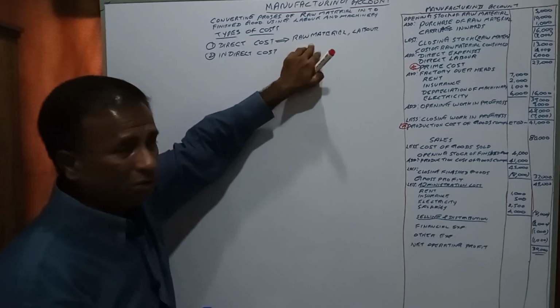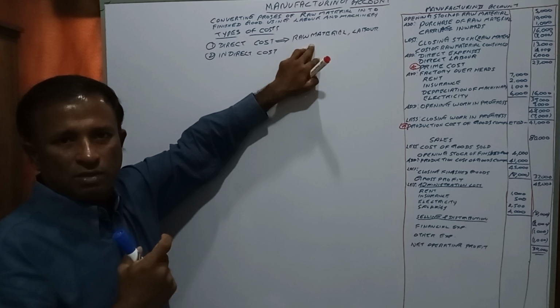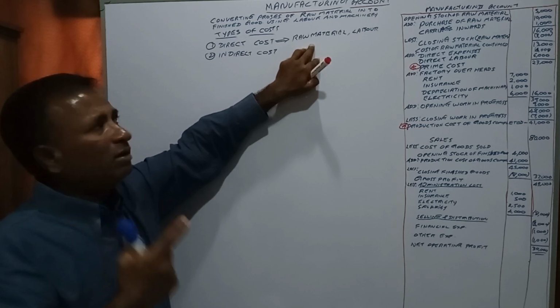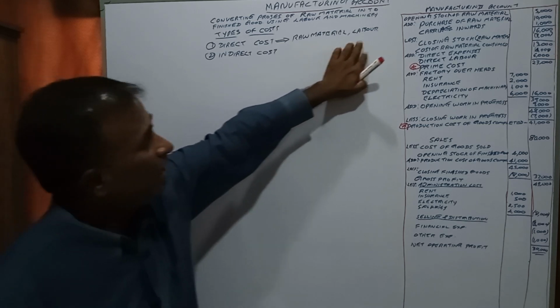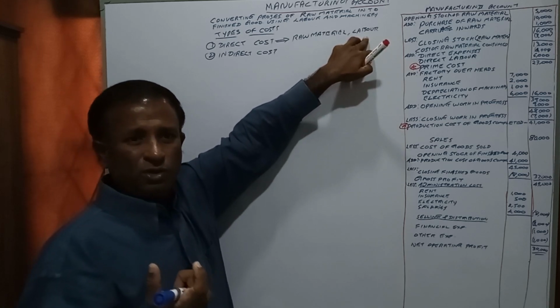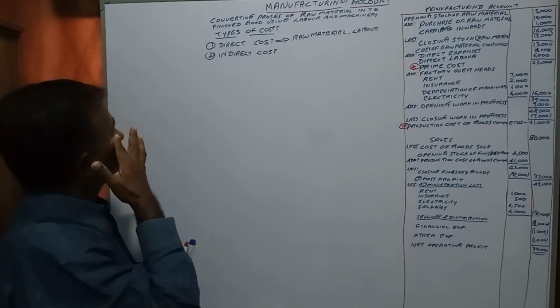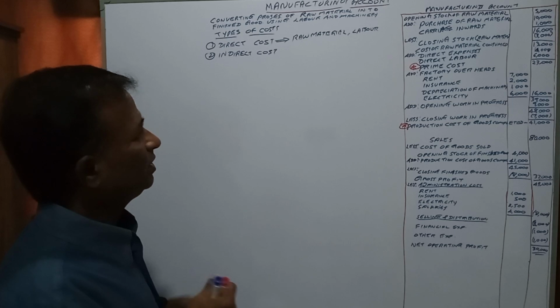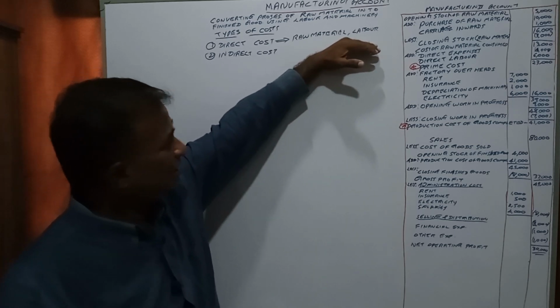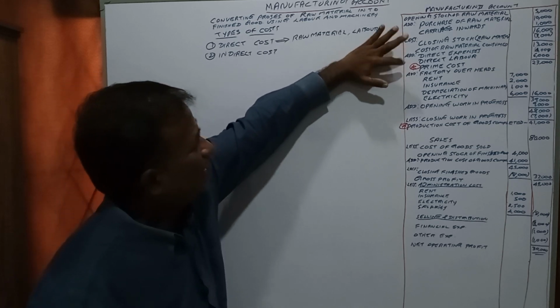Because without raw material, can you produce the product? No. Without labor, can you produce the product? No. Electricity, it is indirect.